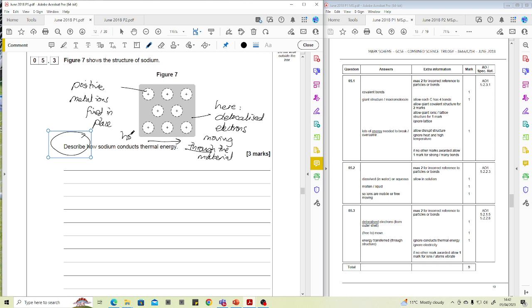So this is hot, let's say, and that's cold. So describe how sodium conducts thermal energy. So delocalized electrons move through the metal. So thermal energy is transferred. That's it.